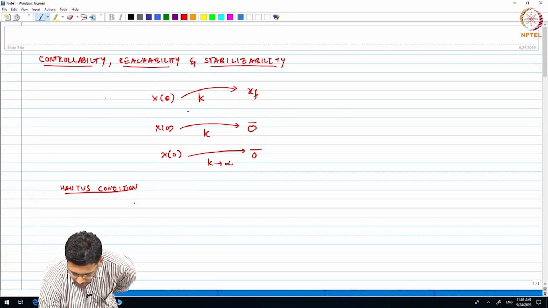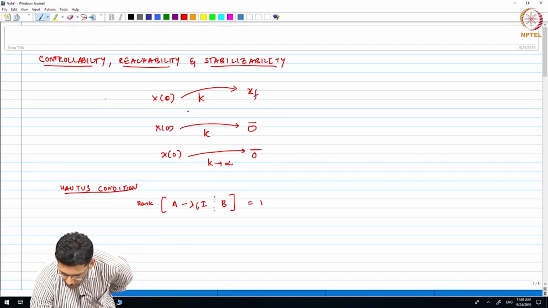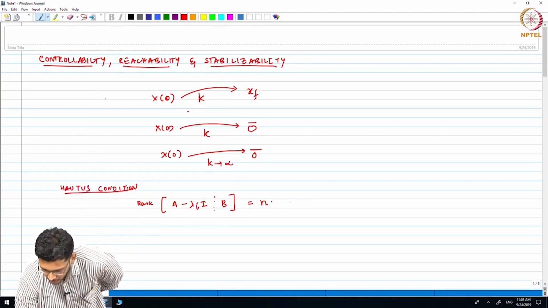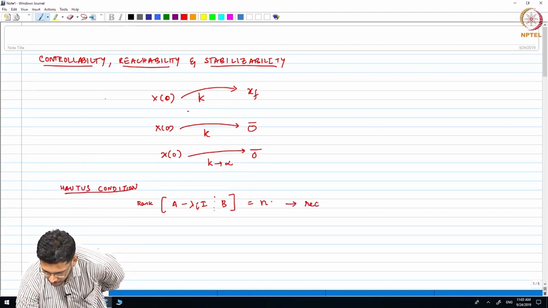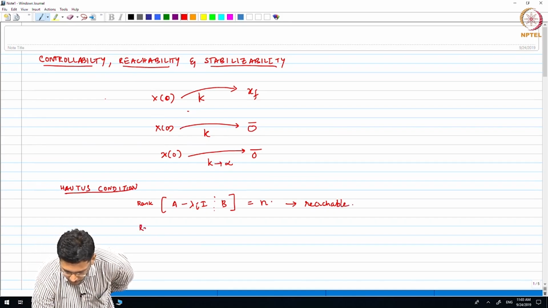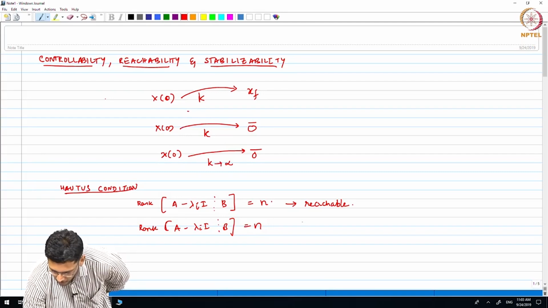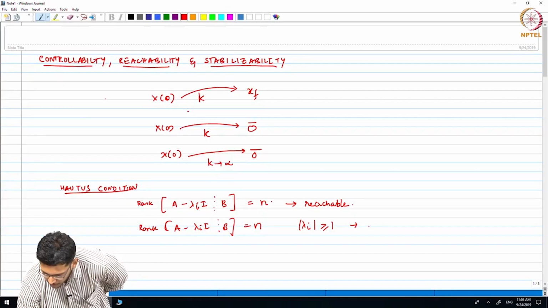The Hautus condition says, when the rank of the matrix [A minus lambda I, B] is equal to n, then the system is reachable. And when the rank of the matrix [A minus lambda I, B] equals n for lambda with magnitude greater than or equal to 1, then the system is stabilizable.